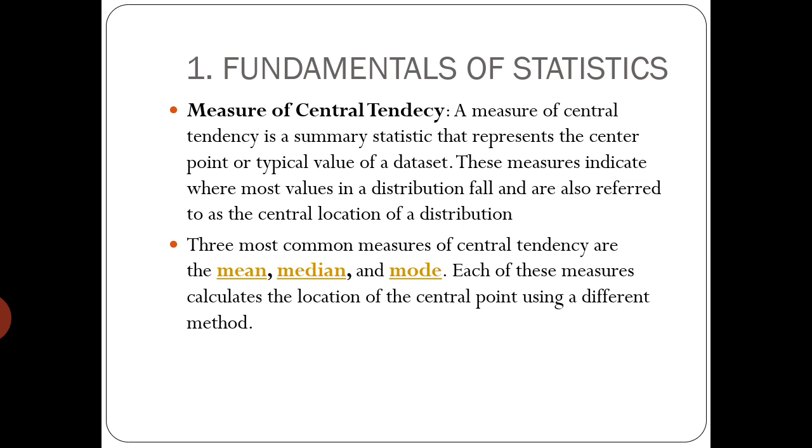So we will come to know where the data set is going to attain its value, where its direction is going. The most common measures of central tendency are mean, median, and mode. Each of these measures calculates the location of the central point using a different method.